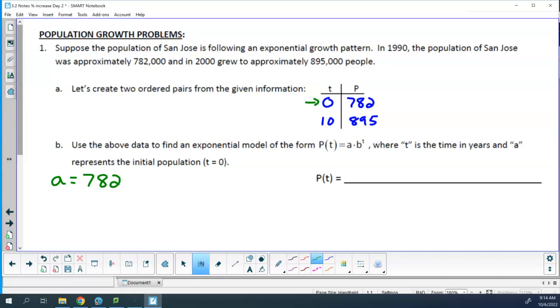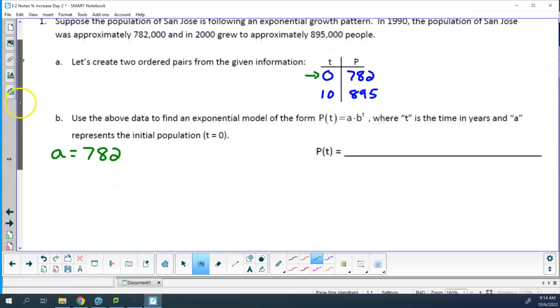Now, how do you think we're going to find B? So what am I going to plug it into? Or what equation will I be using? So it would be like 895 equals 782. Can you hold on 1 second?